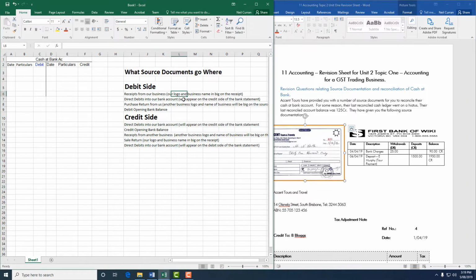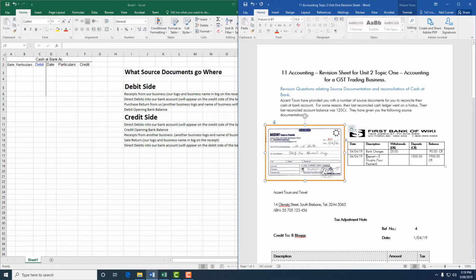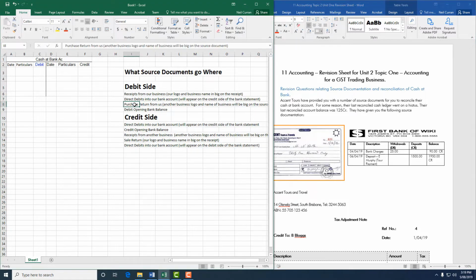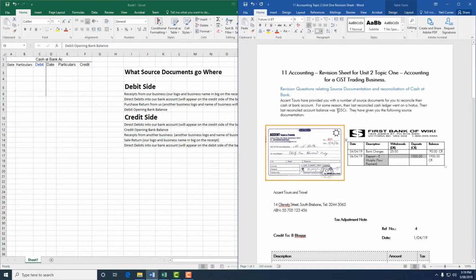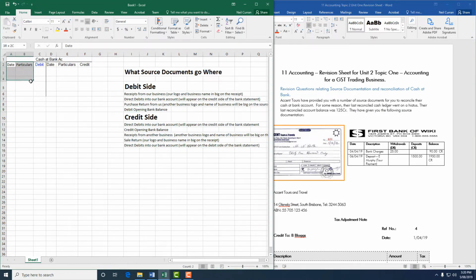Direct debits into our bank account will appear on the credit side of the bank account here. The next one will be a purchase return. Now we don't have any of these in this question, and we don't have a debit opening balance because it is on the credit side. So all of those types of transactions will be going on this side of the cash at bank account.